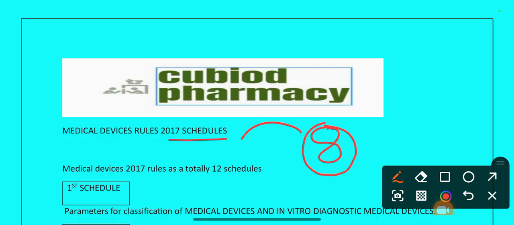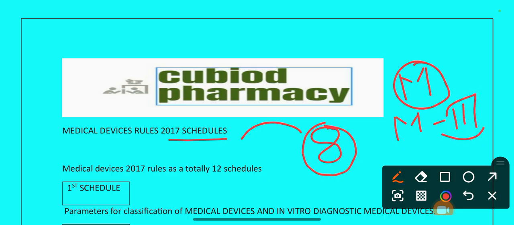So Schedule M3, what is Schedule M? Manufacturing. The sub-schedule M3 is the schedule for medical devices, and it follows in the Medical Devices Rules, 2017. These schedules outline the regulatory requirements for manufacturing, importing and distributing medical devices all over India.